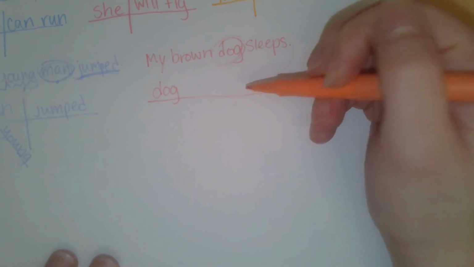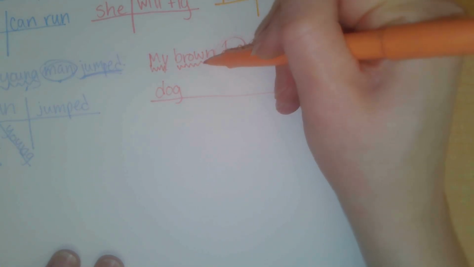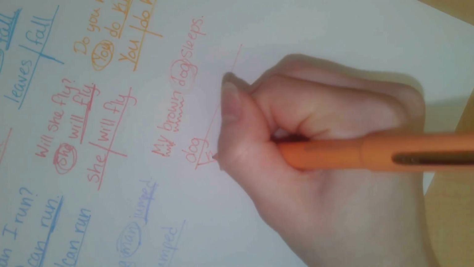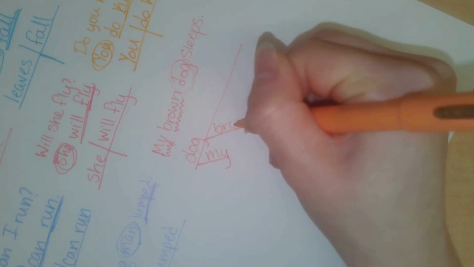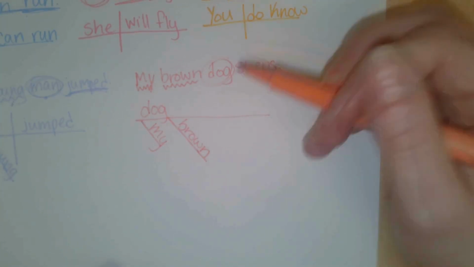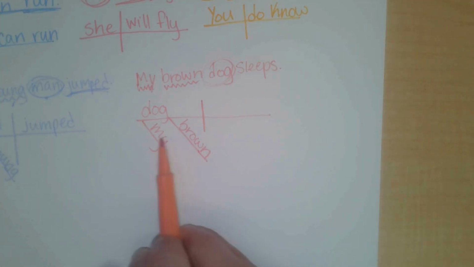Before I draw my vertical line, I'm going to do my adjectives first, the words that describe the dog. This just makes sure that I have enough space and that my vertical line won't cut off anything, to make sure that both of my adjectives can fit on the line the dog is on.